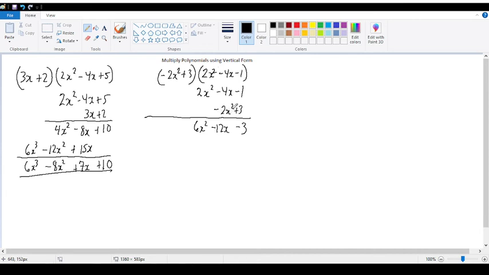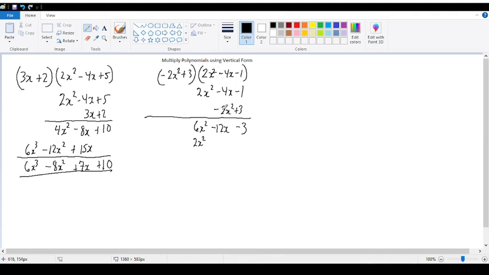Negative 2x squared times negative 1 will give me 2x squared. 2x squared will not come below this one here, but it would come below the x squared. So I want to put here 2x squared. You see that? Because they are like terms, I put it below each other.